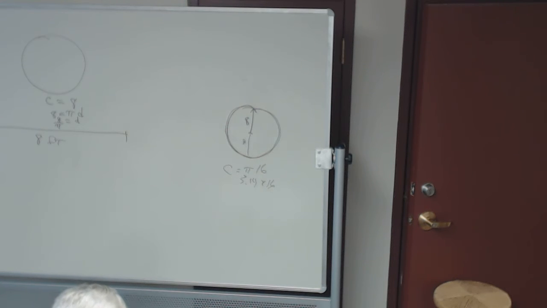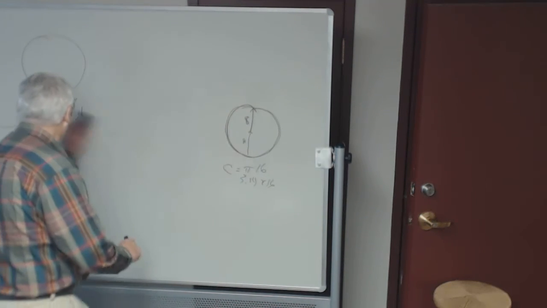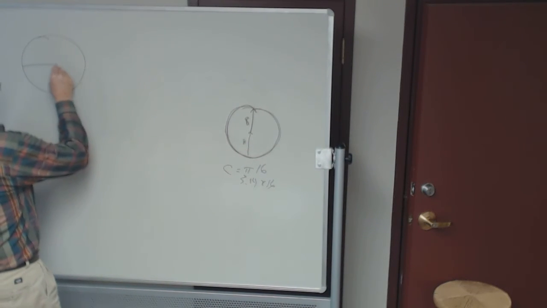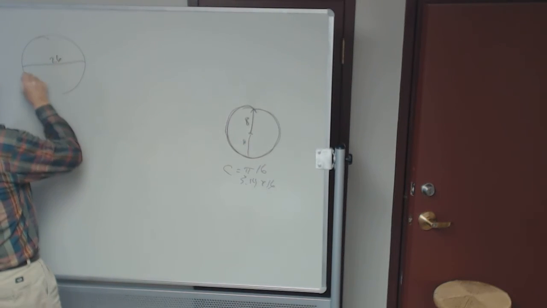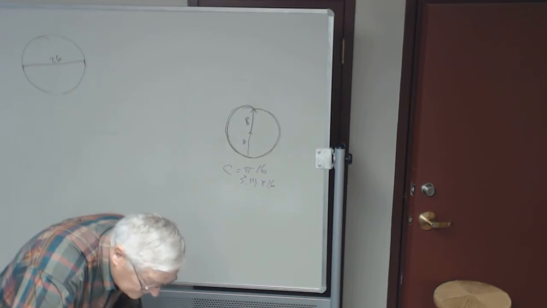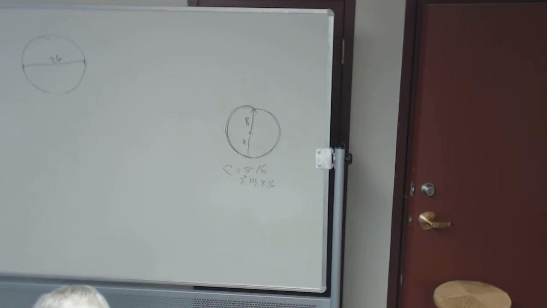Number 36. The outside diameter of a motorcycle tire is 26 inches. So the diameter of this motorcycle tire is 26. And what's it say? How many revolutions does the tire make in 1 mile?